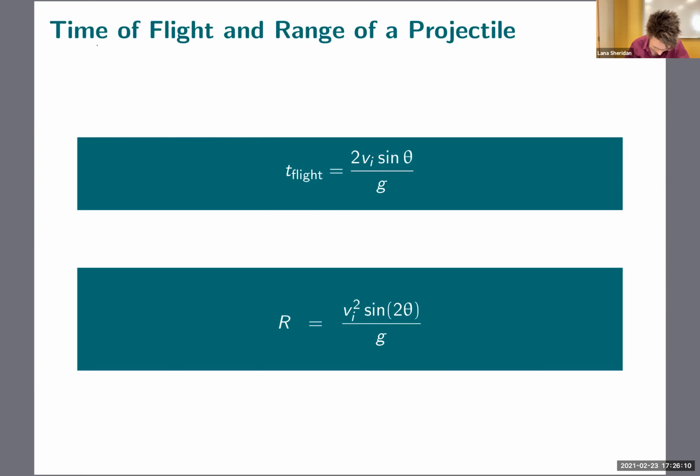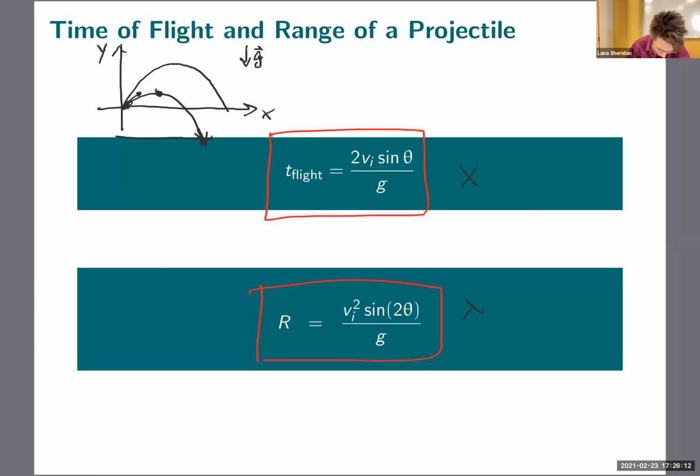Actually, let me scrub this part out because I don't want it to be confusing. We're going to treat it as though it has some particular launch speed. In the textbook, isn't it v0?